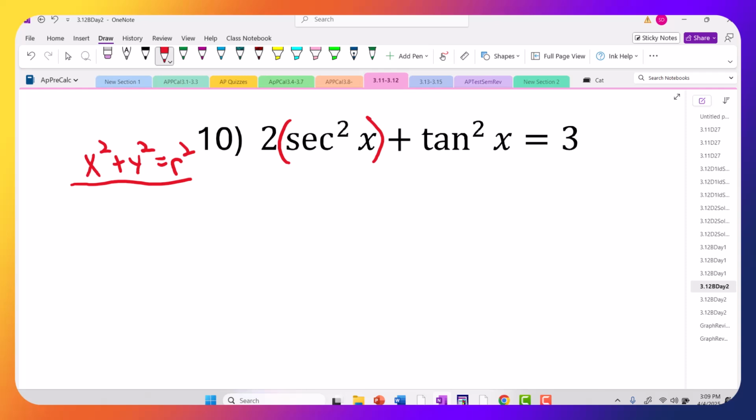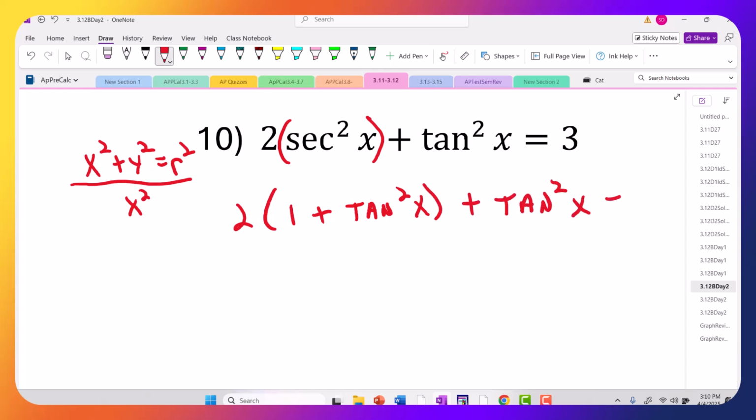All right, and then this is, what's secant? That's r over x. So secant squared equals 1 plus tangent squared. So that's what I'm going to do. I'm going to get these to match. That's not our new identities.